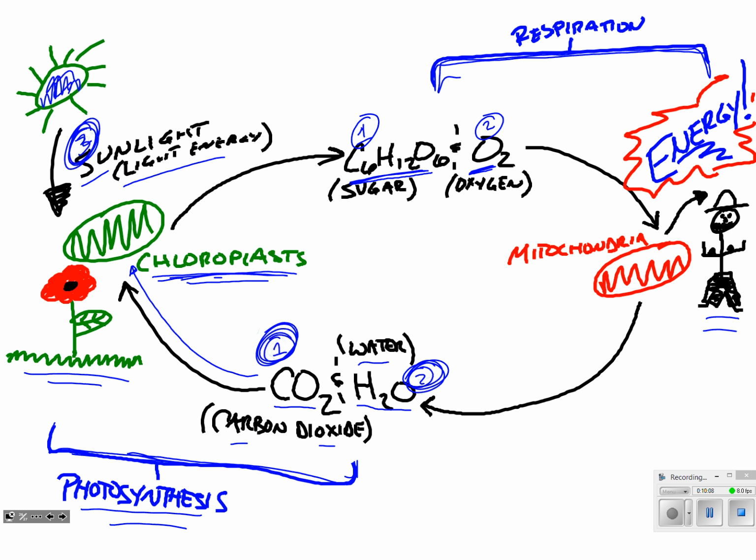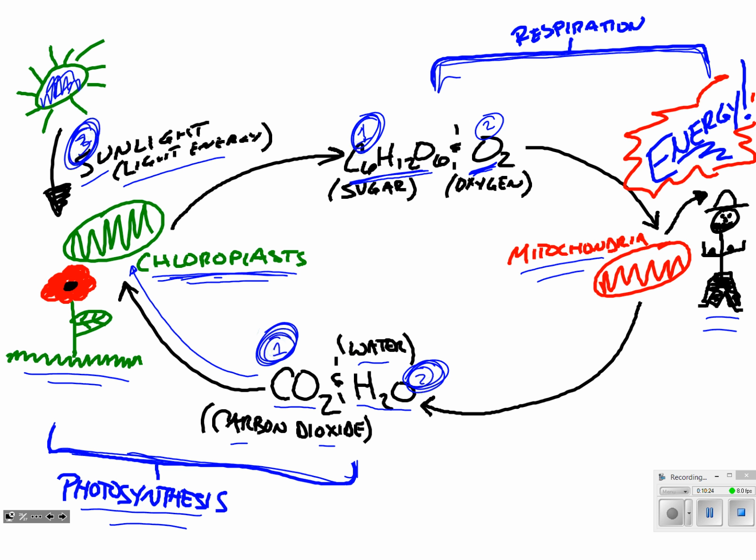The first thing taken in is sugar, C6H12O6. That is taken in along with oxygen from the air, and that goes into the organelle called the mitochondria.